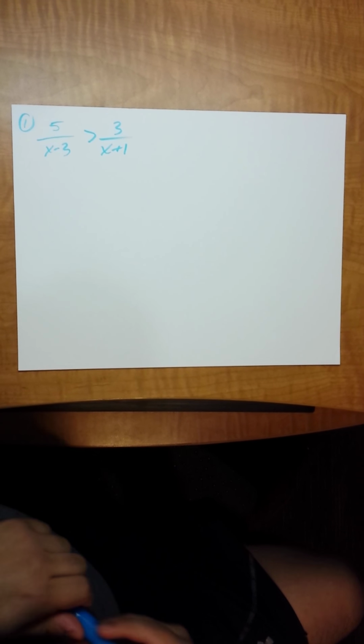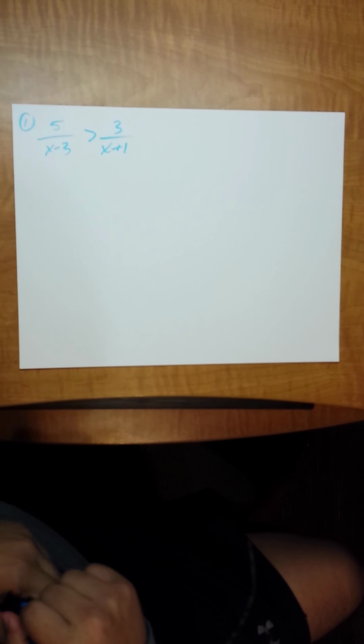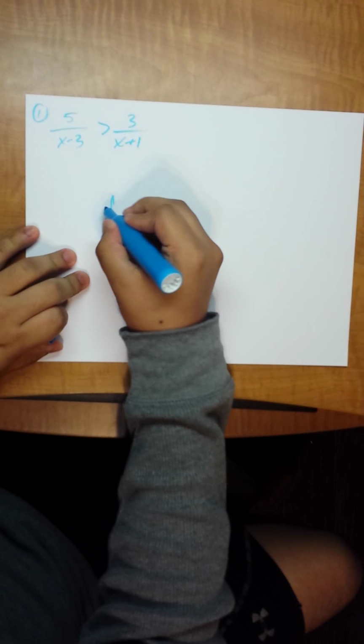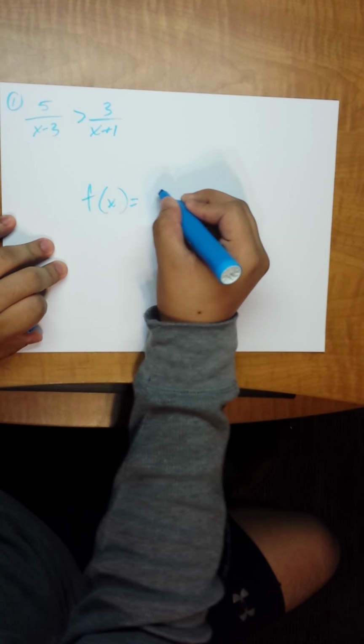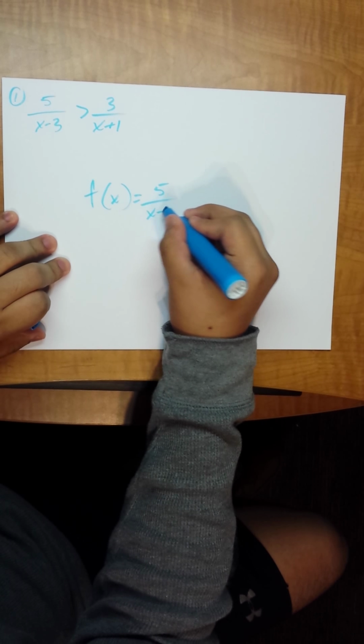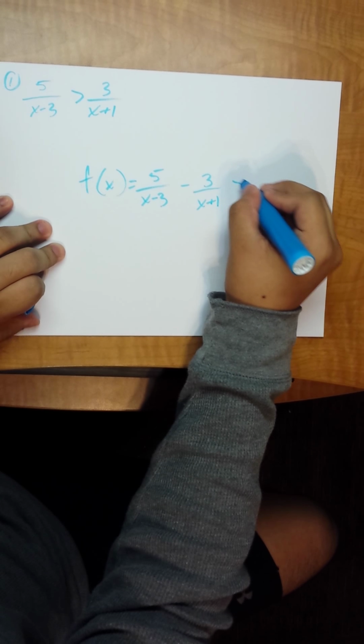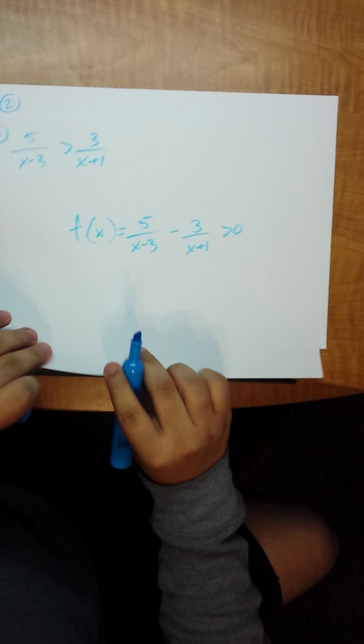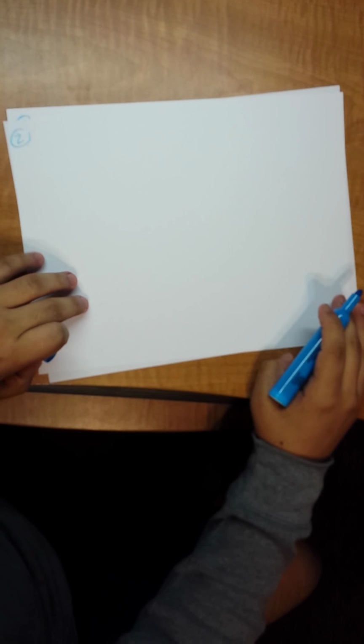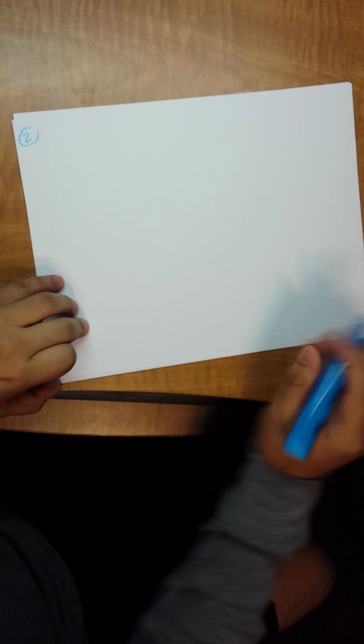First thing we're going to do, we're going to rearrange the whole equation so that 0 is on the right side. After we get that, we're going to find the zeros. We have to multiply as we need to find the common denominator.